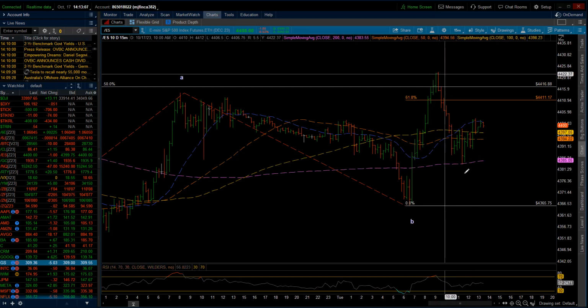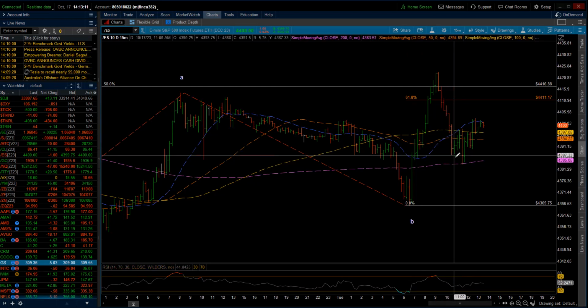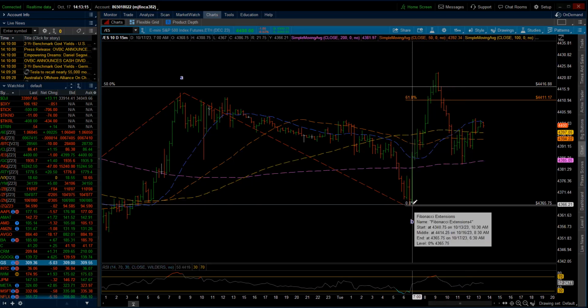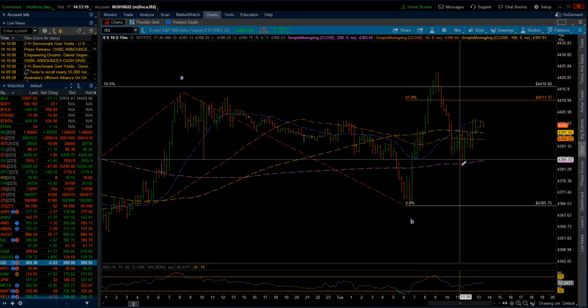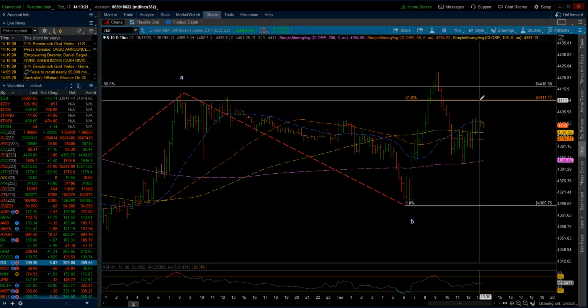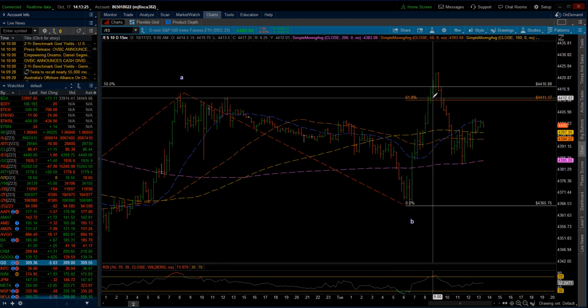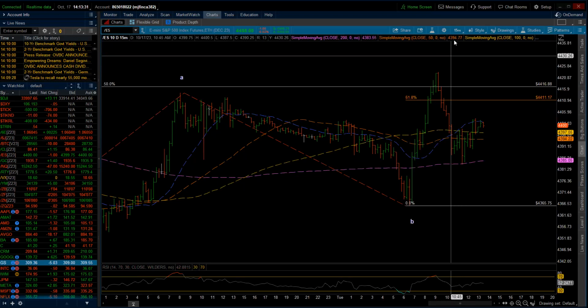So if this is just 1 and this is 2, or is it 1, 2, and this is a 3 and a 4, and now we're in the 5th? Or is it all done? I don't know. So we have to lay out all the possibilities.